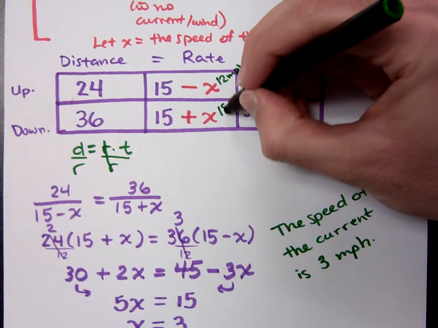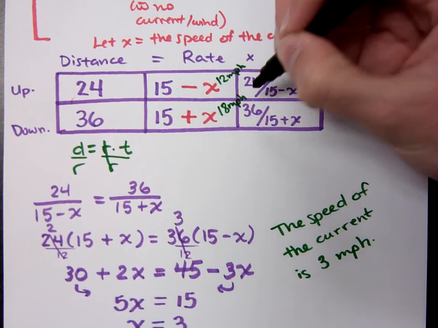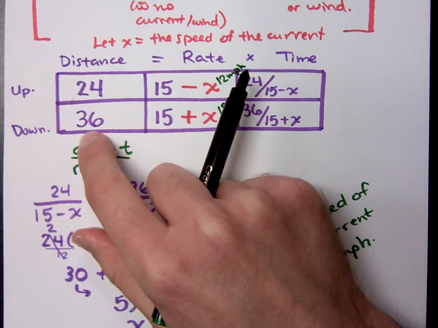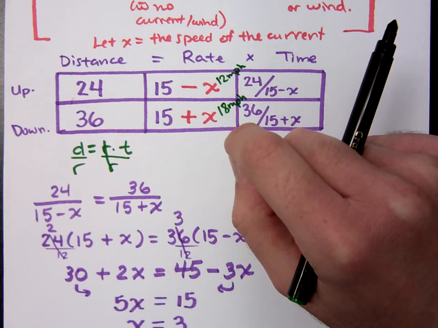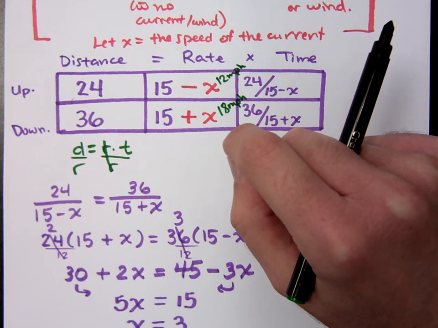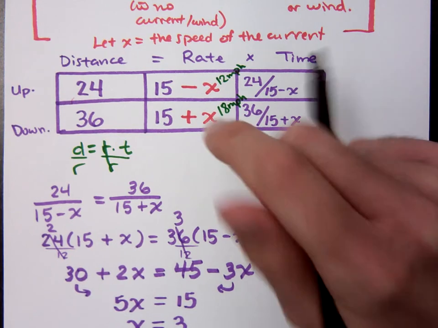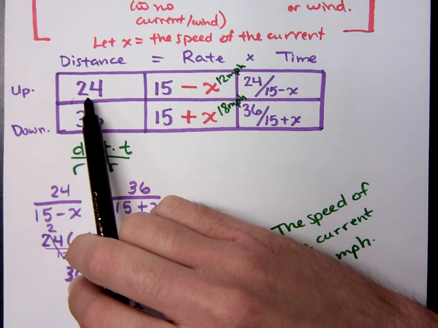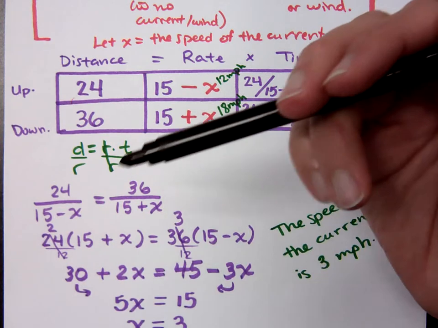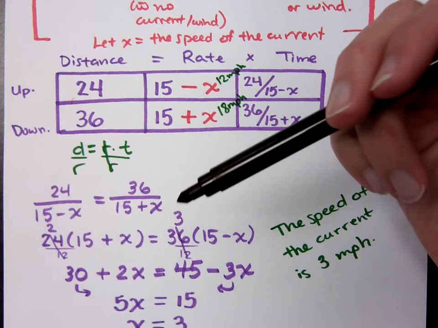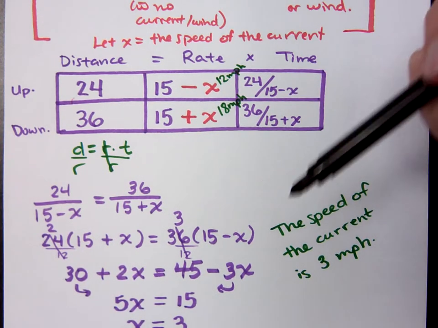So we get 18 miles per hour. How long would it take you to travel 36 miles at 18 miles per hour? It'd be 2 hours, right? How long would it take you to travel 24 miles at 12 miles per hour? 2 hours, so you see the time would be the same, right?